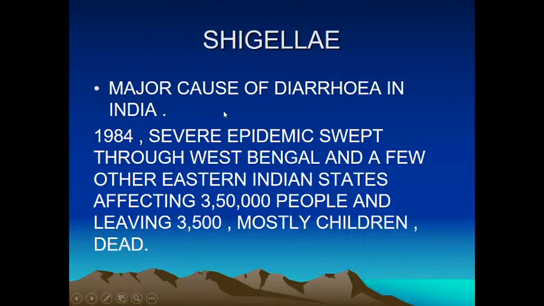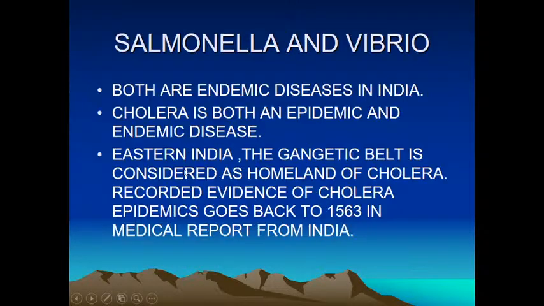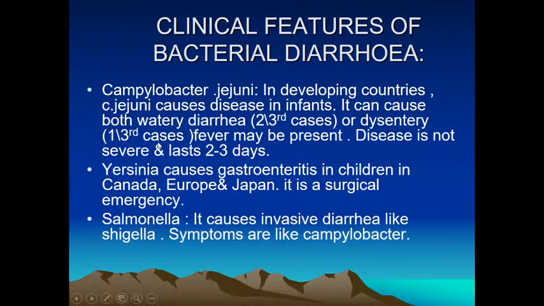We have had large outbreaks which have taken place in our country. Nowadays, we do not have such large outbreaks, fortunately. Salmonella and Vibrio, you can see that they are very common among the Gangetic belt. Nowadays we have been able to control Vibrio to a large extent, but you still have El Tor Vibrio coming up sometimes.